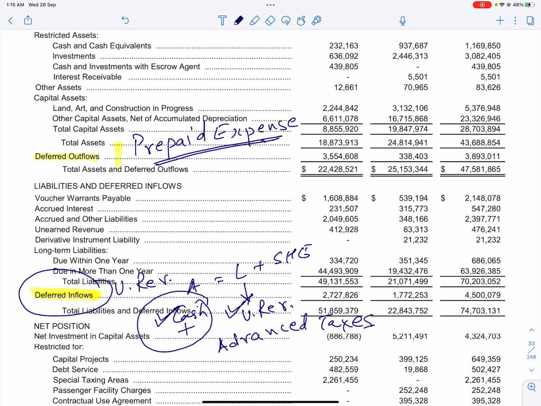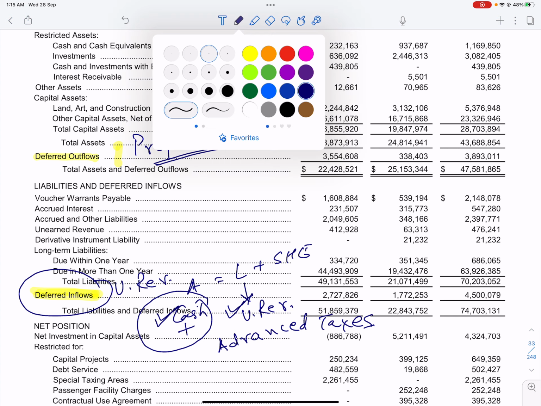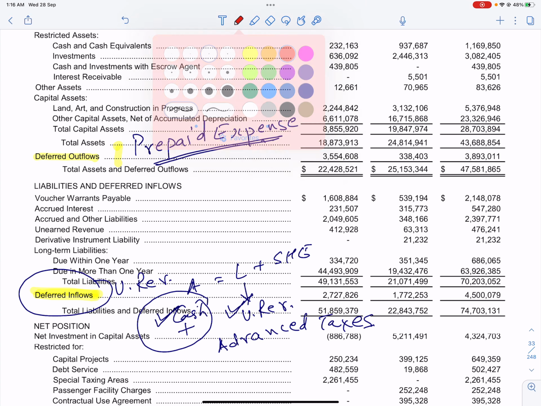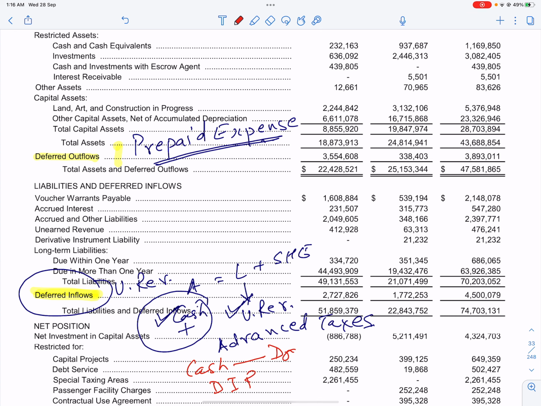However, when the government receives taxes in advance, cash is debited, because the government is receiving cash, but the government has no liability to deliver any service or pay back the taxes to this particular taxpayer. And that's why we credit deferred inflow of resources. So advance taxes are not considered as revenue.